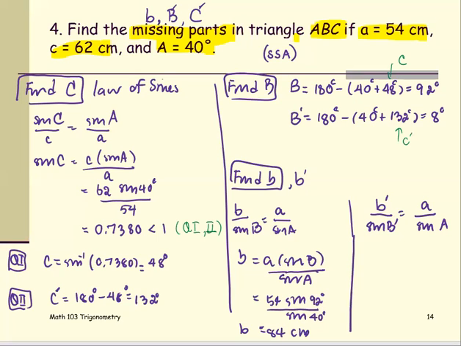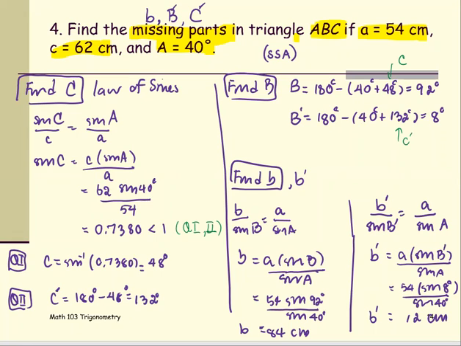And then for the second solution, b prime is a multiplied by sine of B prime divided by sine A, or 54 multiplied by sine of 8 degrees divided by sine of 40 degrees. Put in the calculator, the number for b prime should be about 12 centimeters, as we keep two significant digits, or round to the nearest centimeter.